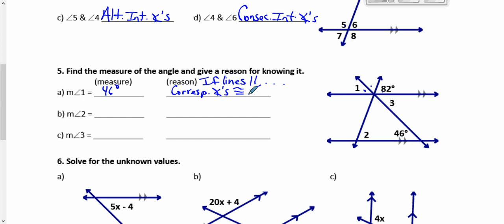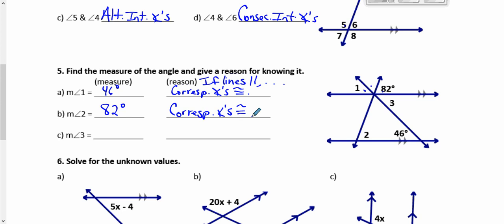How about angle 2? Why would it be 82? Again, aren't they corresponding, right? Just using the other transversal now, right? So that would be 82 degrees, because if lines parallel, again, corresponding angles are congruent.